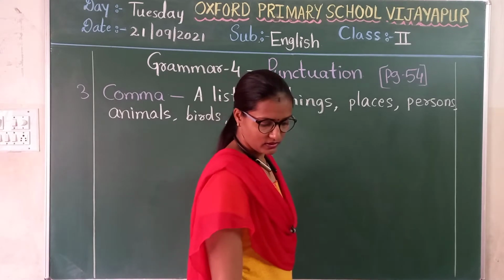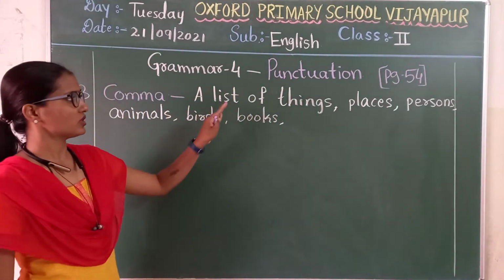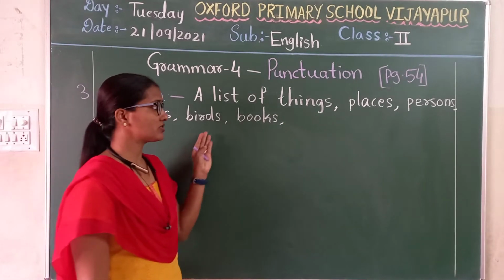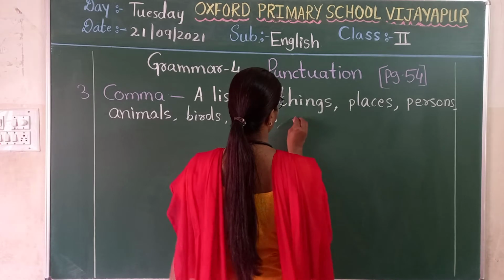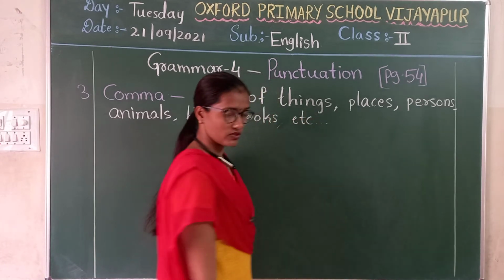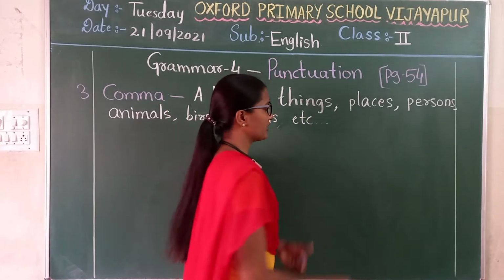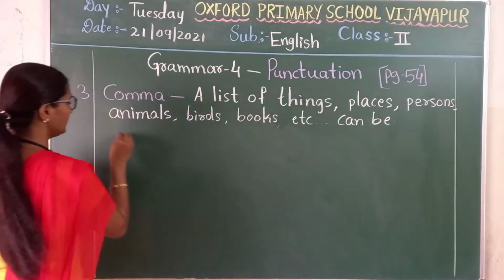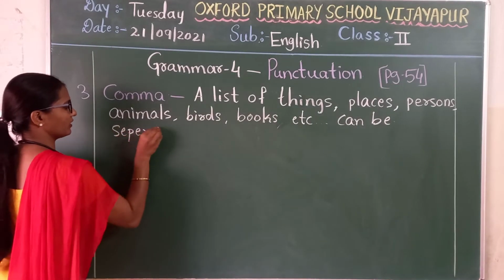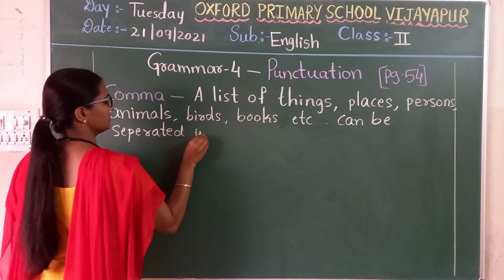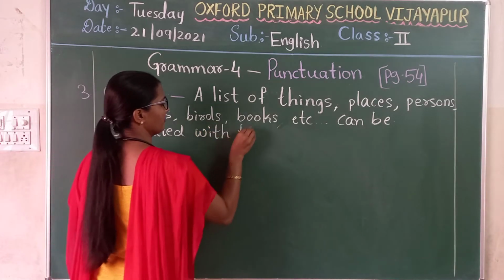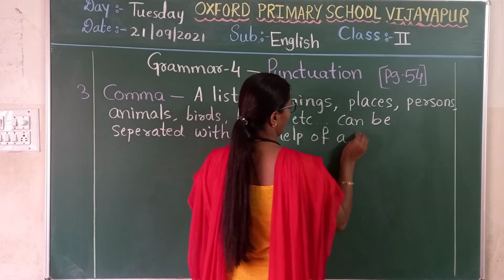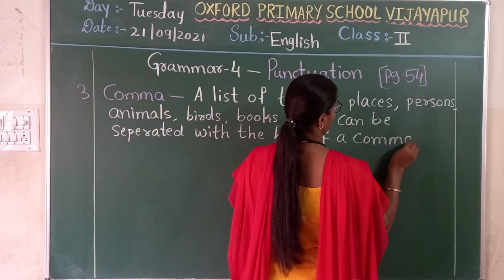Next they have given, see, a list of things, places, persons, animals, birds, books, etc. These can be separated with the help of a comma. Right?